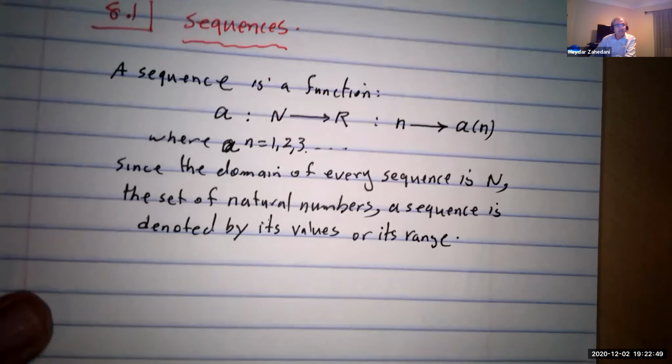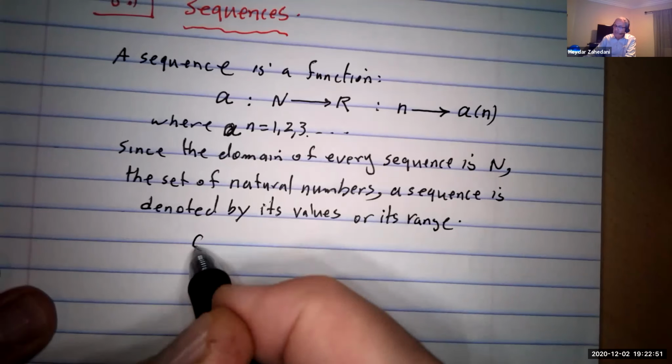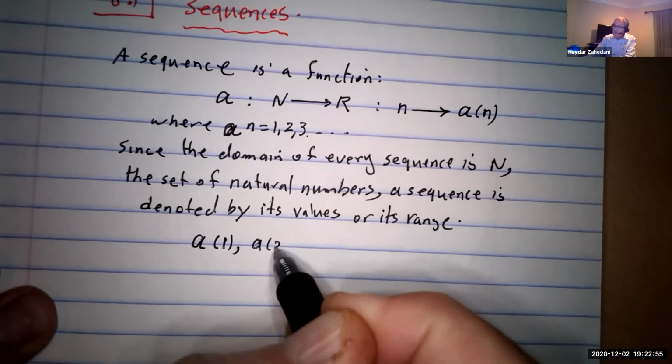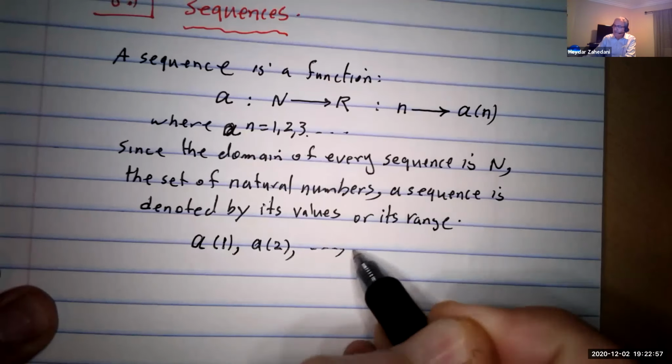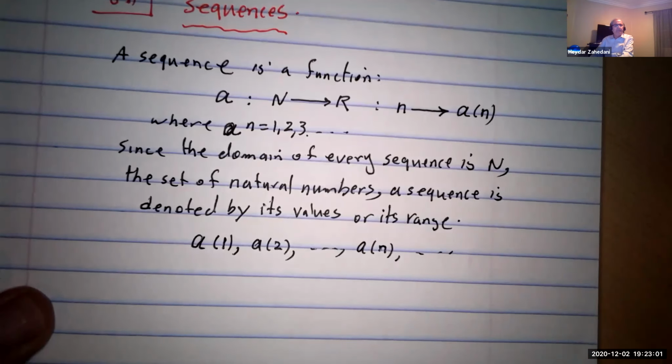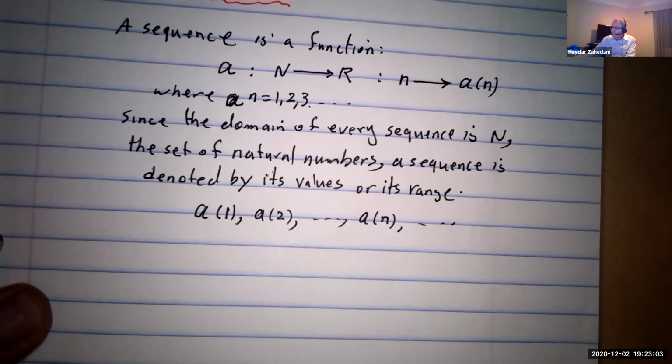The range of the sequence is a at 1, a at 2, and just keep going, a at n, etc. This is one way to do it.